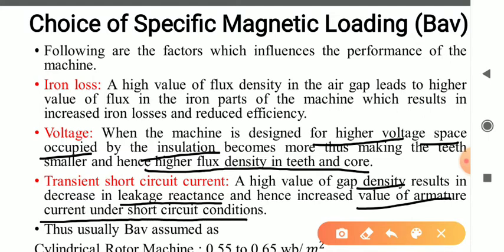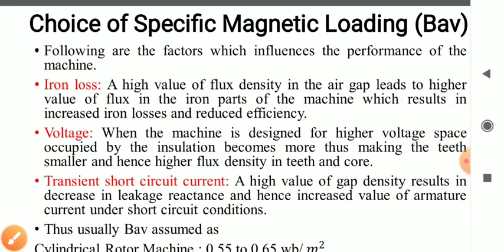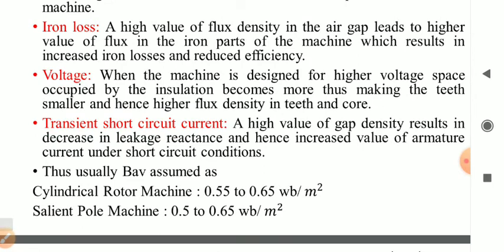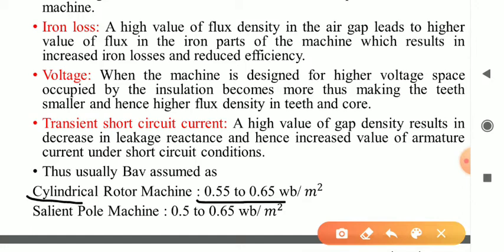And because of these three disadvantages, there are always certain limitations to selecting a higher value of the specific magnetic loading. And that's why usually the value of the specific magnetic loading is selected between 0.55 to 0.65 for the cylindrical rotor machine and 0.5 to 0.65 for the salient pole machines.